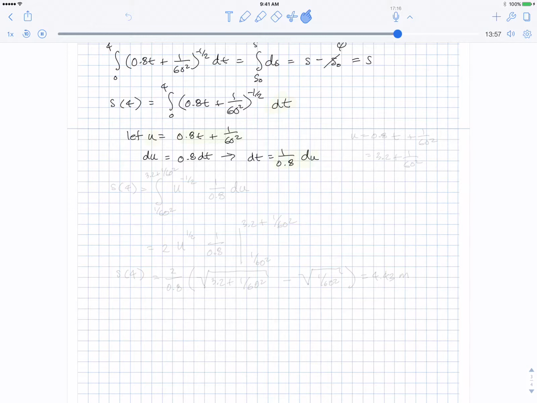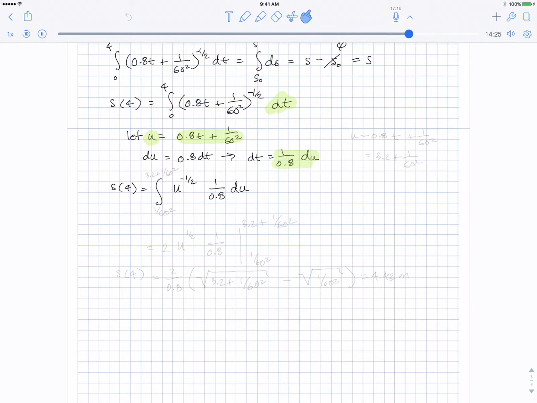So we have dt is this, and all this stuff is u. So s of 4 equals the integral, I'll leave the limits out for now, of u to the minus 1/2 power, and dt is 1 over 0.8 du.